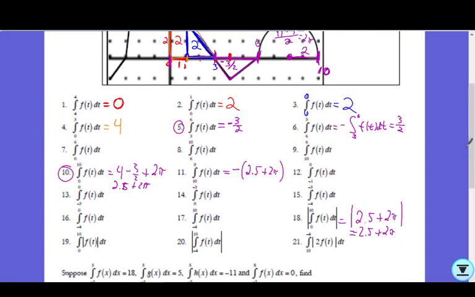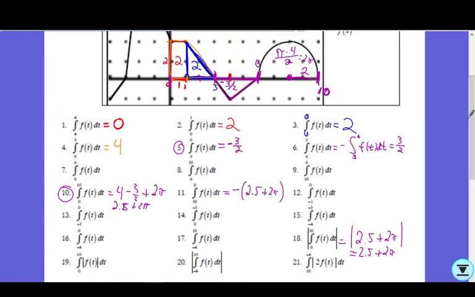Now, that's different than number 19. Because number 19 is saying we're finding the area of the absolute value of the function. Which means before we find the area, we take anything that was negative. So in this case, this part right here, we have to take the absolute value of it first.